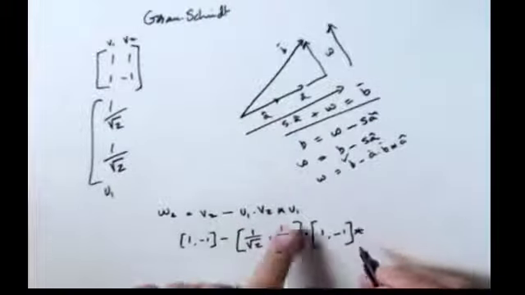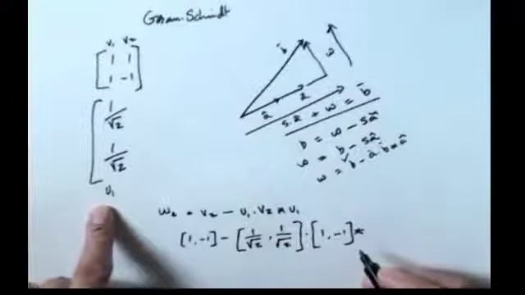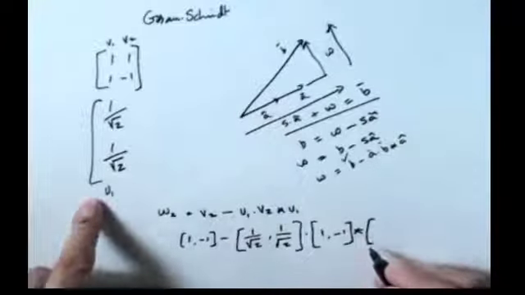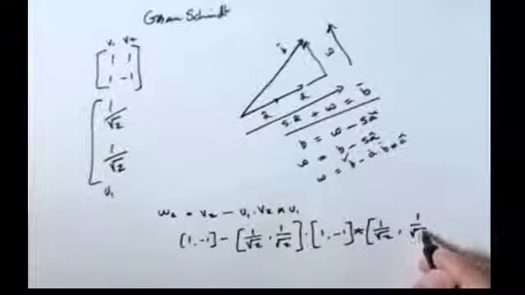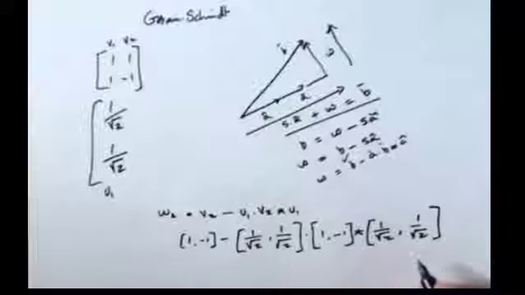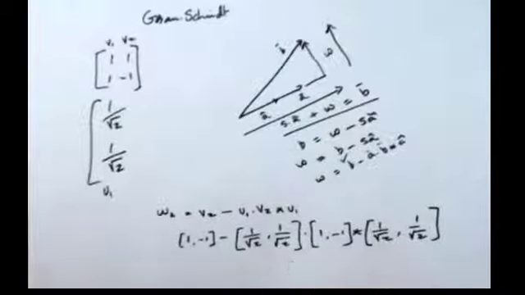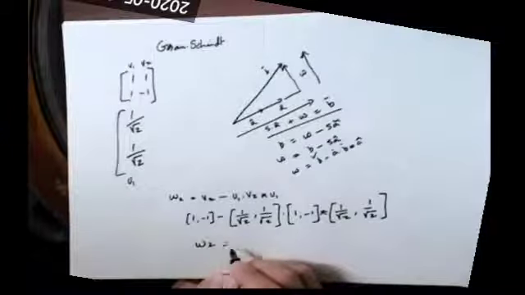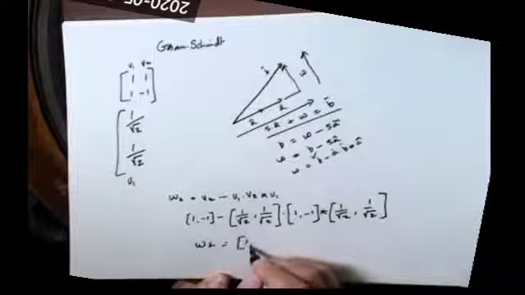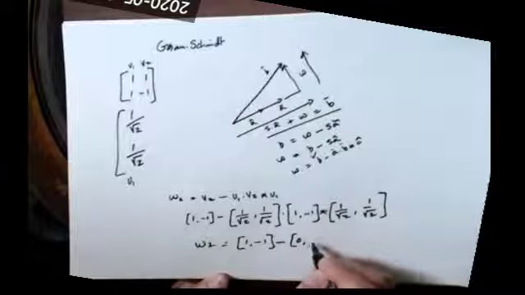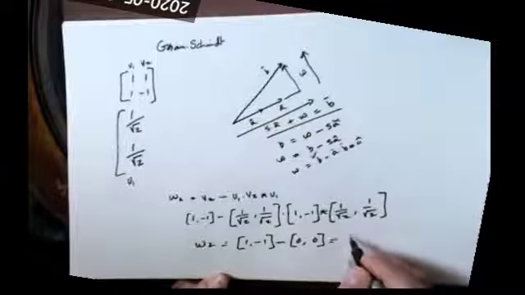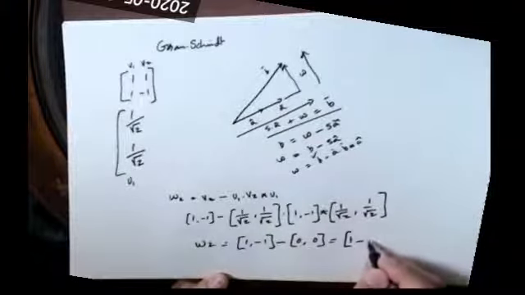And then I multiply it by this U1, which is (1 over root 2, 1 over root 2). And when I simplify all this, I get W2 is equal to (1, -1) minus (0, 0), which is equal to (1, -1).